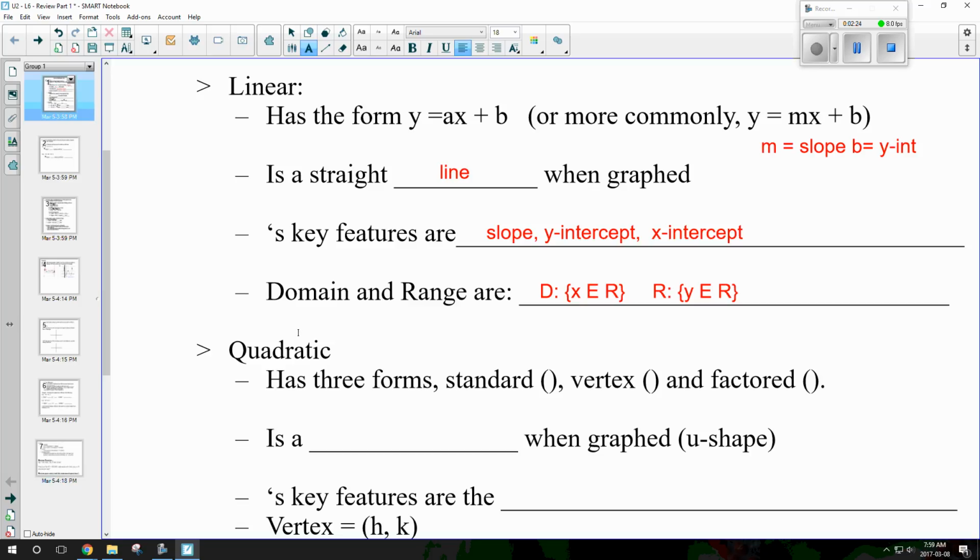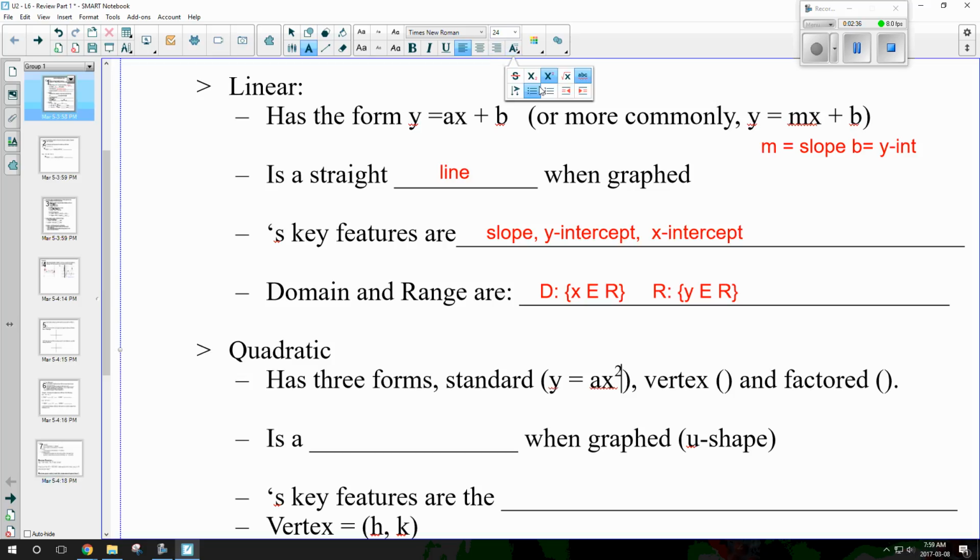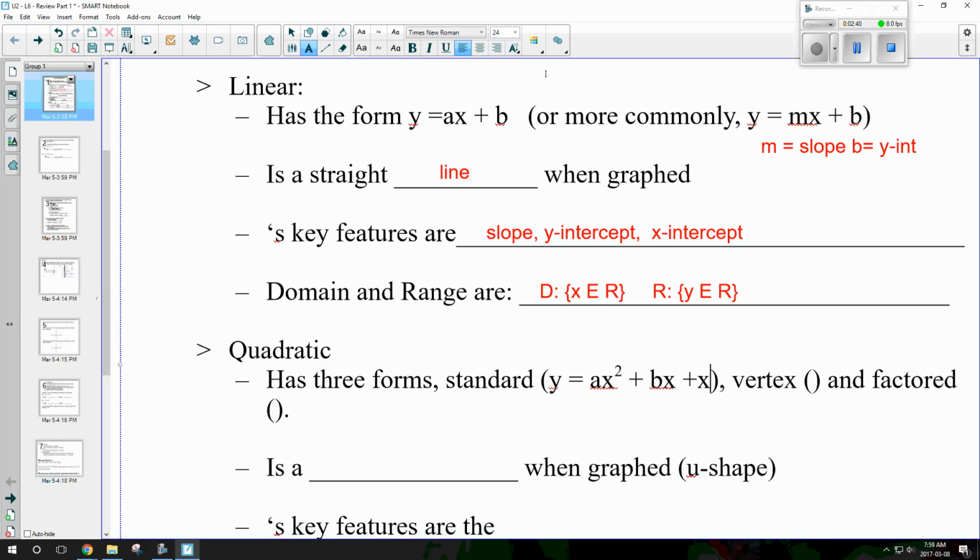The second is the quadratic. Remember, it has three forms. We have our standard form, which is y equals ax squared plus bx plus c.